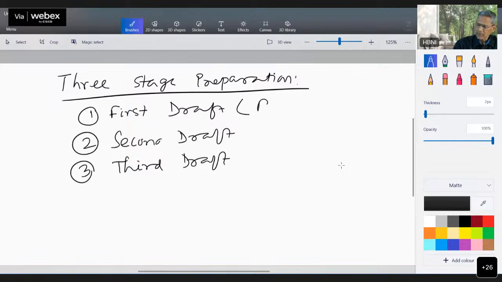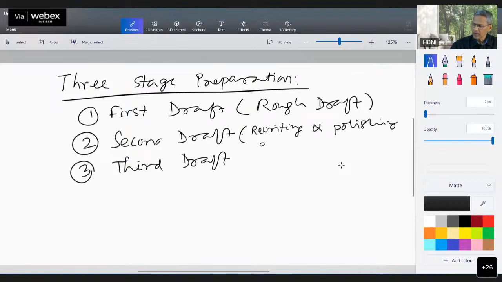The first is basically a rough draft. The second is rewriting and polishing of the first draft. The third is writing the final draft.